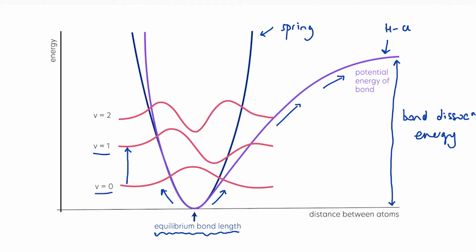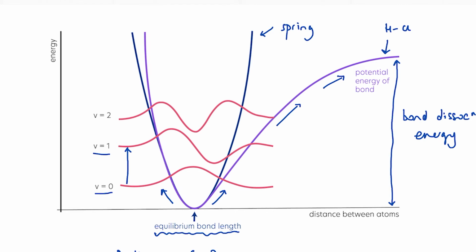And the frequency of energy needed to make, say, an OH bond vibrate is going to be different to the frequency of energy required to make a carbon-oxygen bond vibrate more strongly.